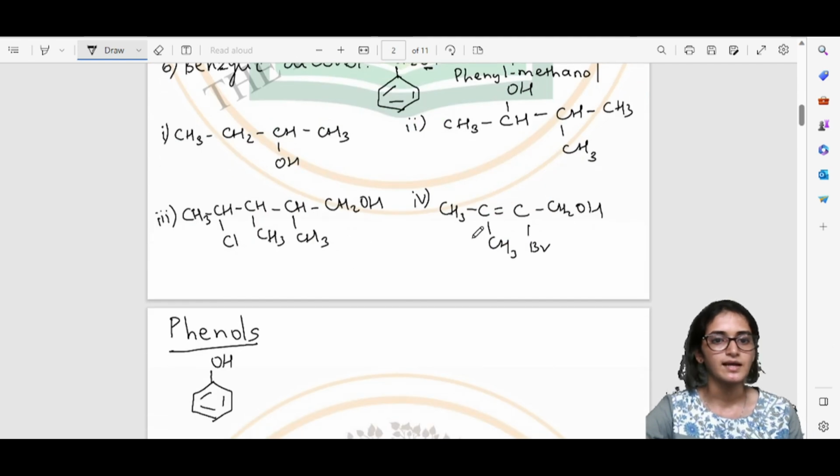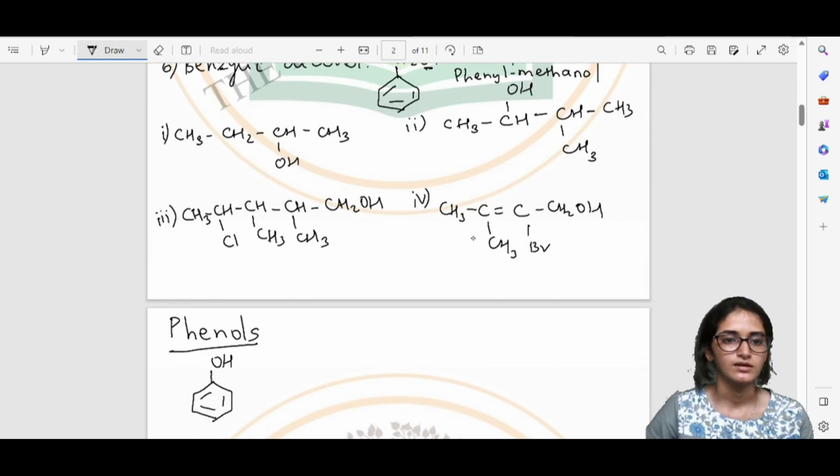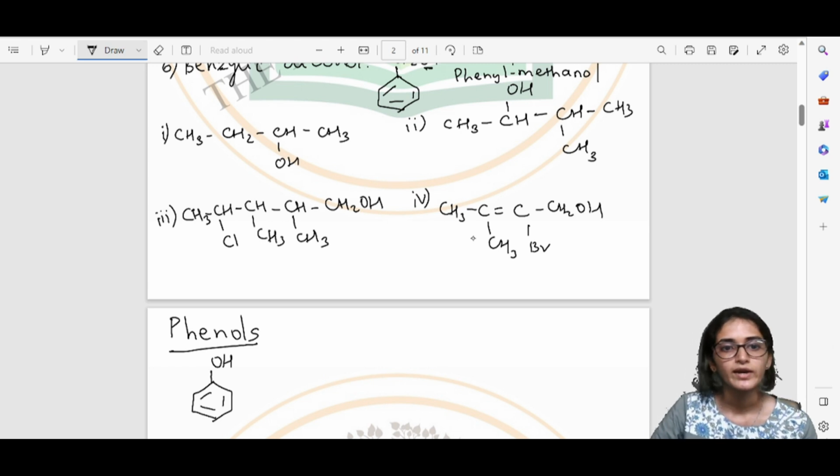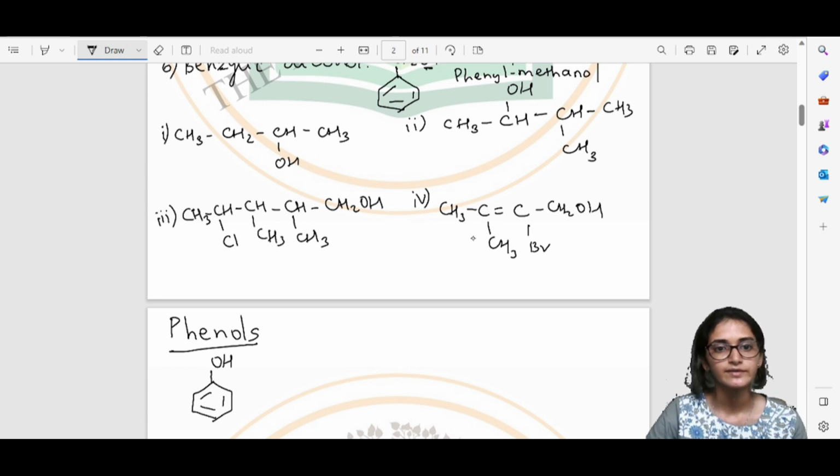Now here are some examples. We will try naming these compounds. The first one is this. Here we have a chain of 4 carbons and an OH group attached to one of the carbons. First we will start numbering. From where will we start numbering, the left side or the right side?